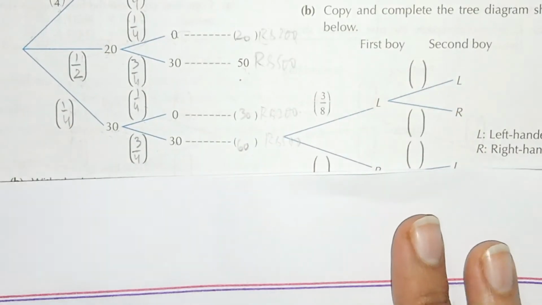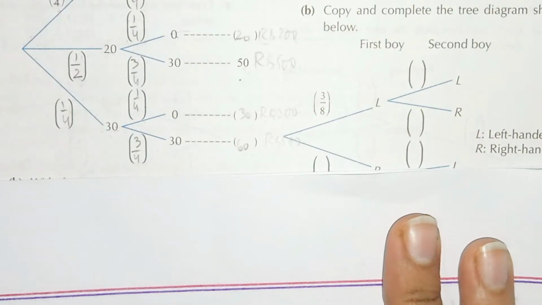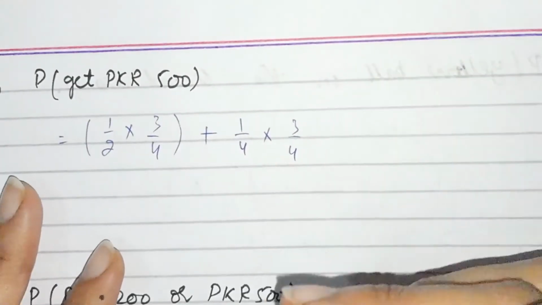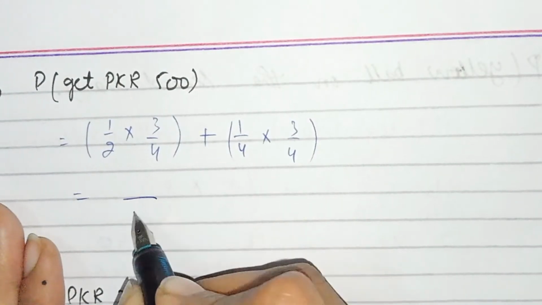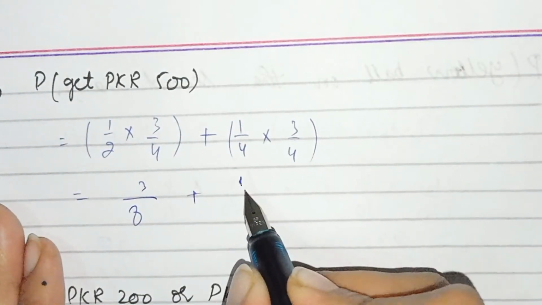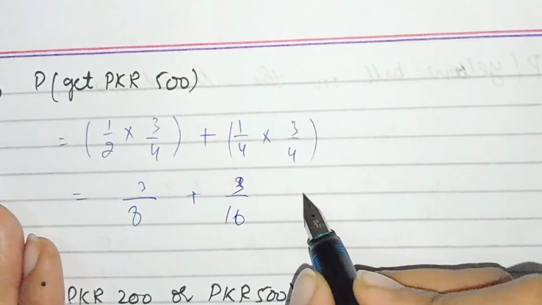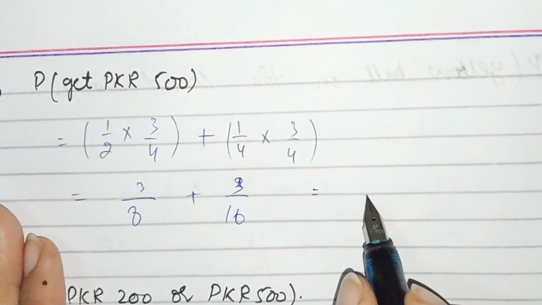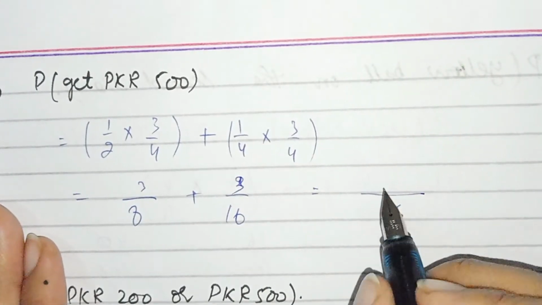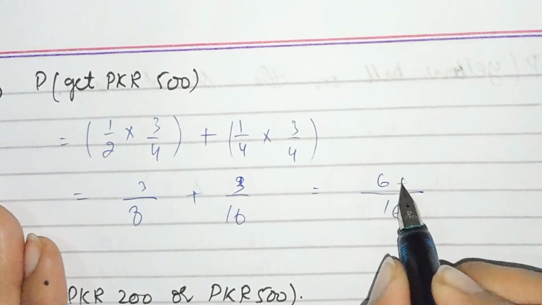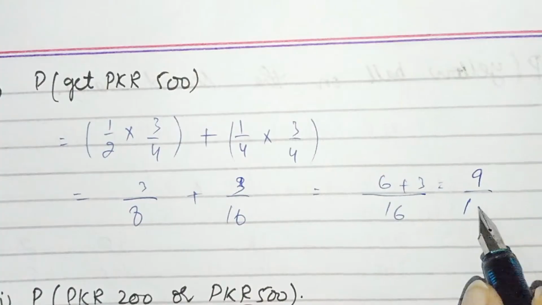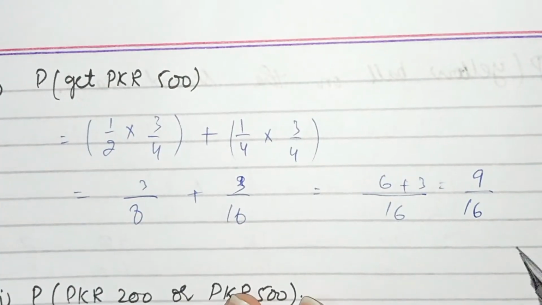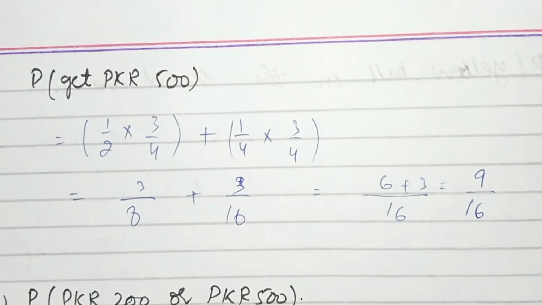There are two chances to get the rupees 500. Now we have to solve it. We get 9 by 16. And now students, this is the second part.